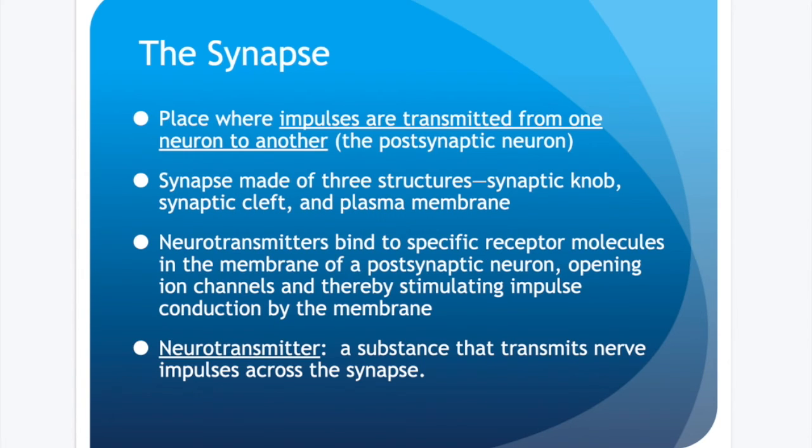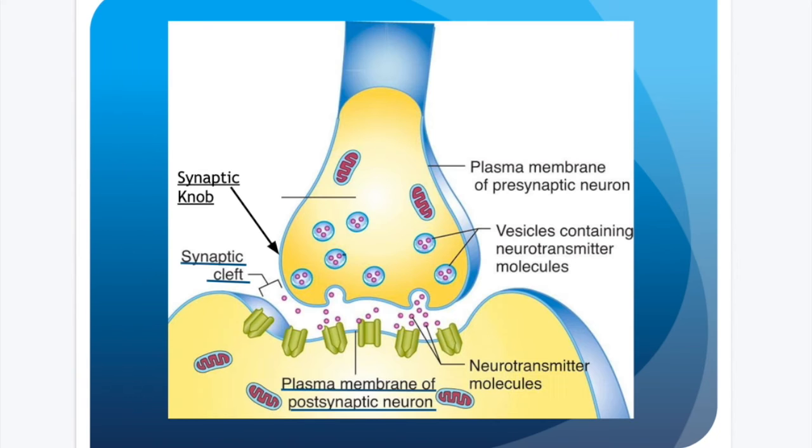Our neurons don't actually touch each other, and we'll look at them here. This would be the presynaptic neuron, and here would be the postsynaptic neuron. The presynaptic neuron has chemicals inside of it, these little purple circles, which we call neurotransmitters, that are capable of sending signals.